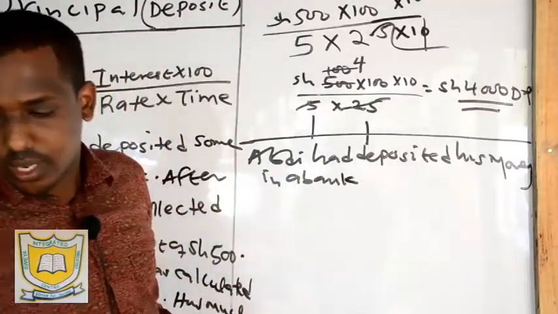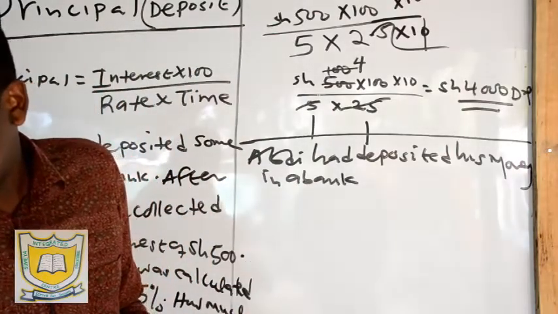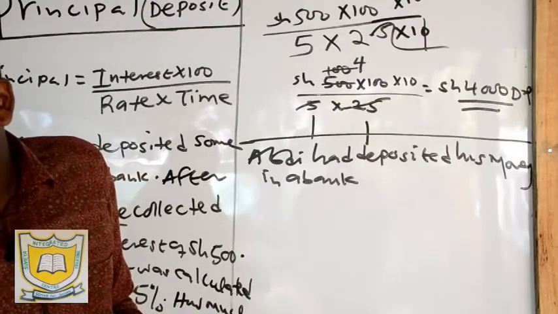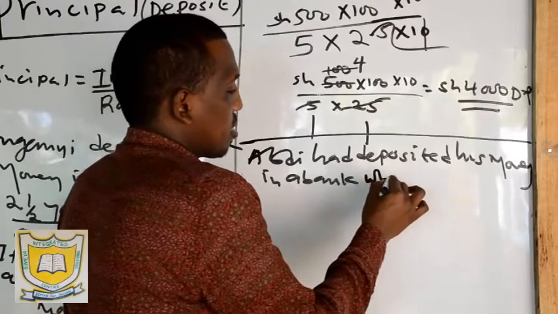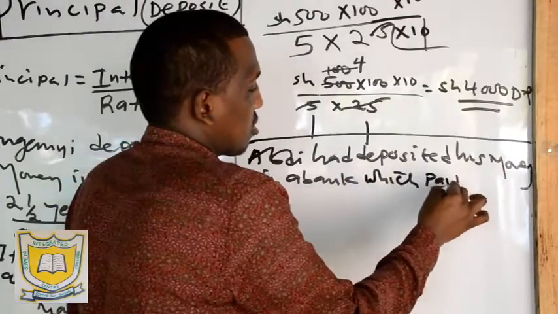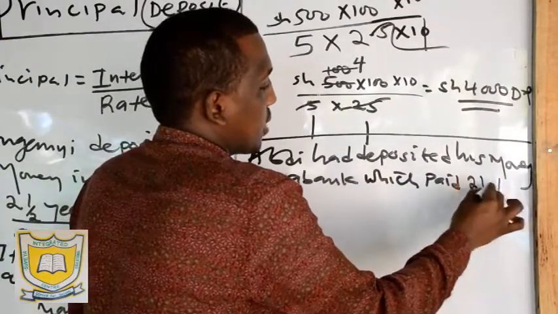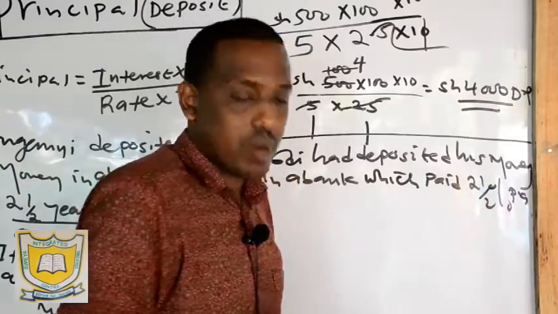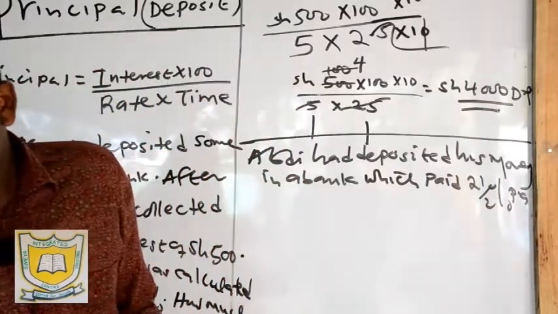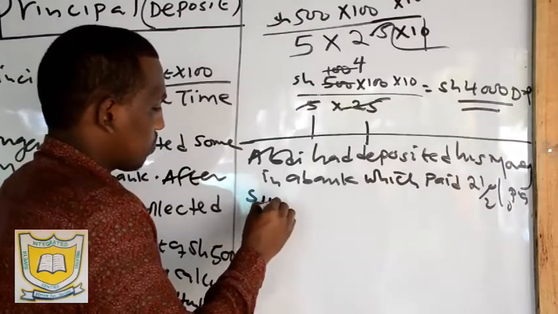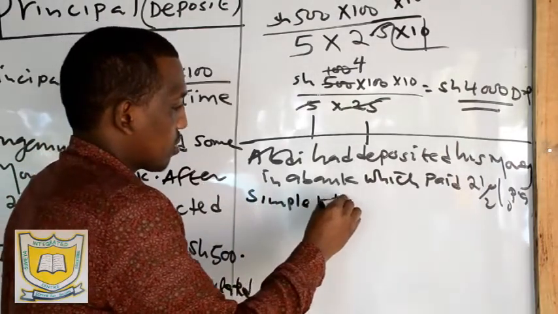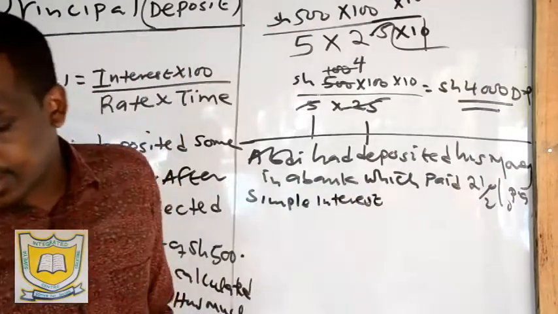Abdi deposited his money in a bank, which paid 2.5% per annum. Per annum means per year, simple interest.